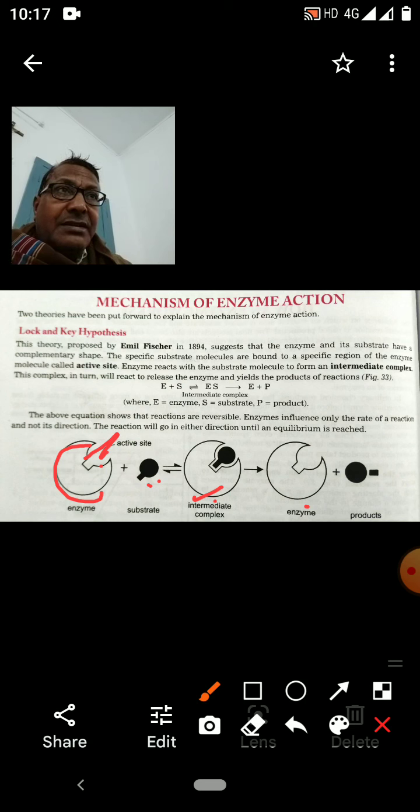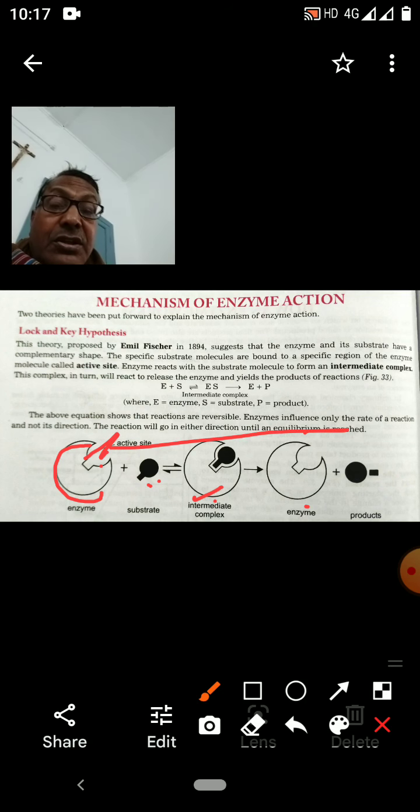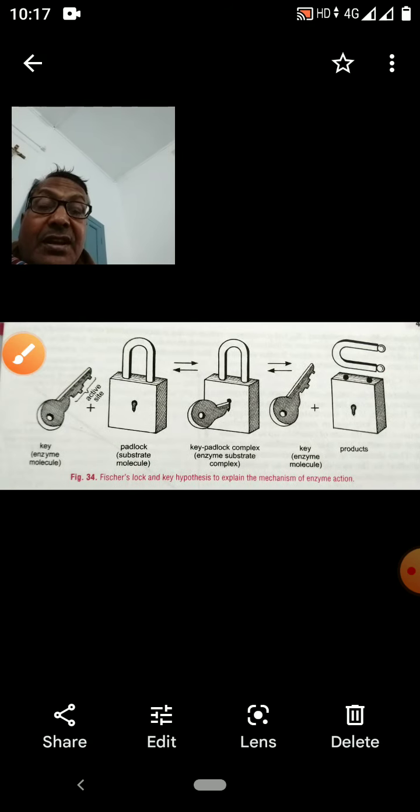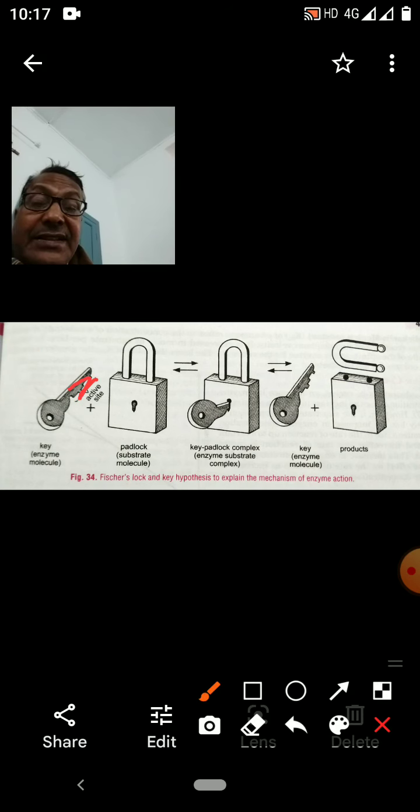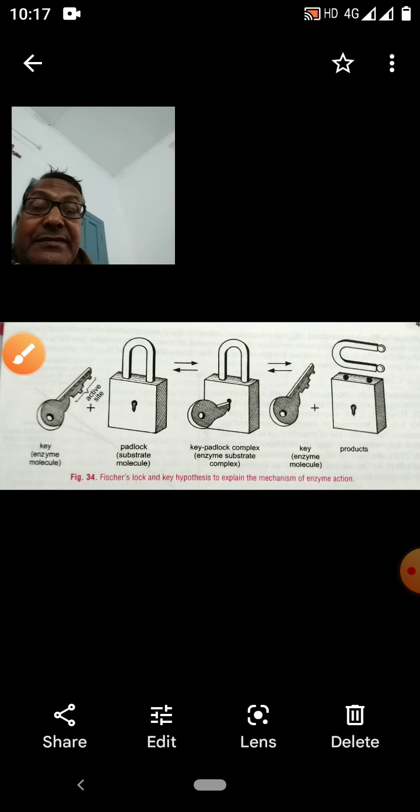Like that, a particular substrate is going to react with a particular enzyme. As a lock is opened by a key, when we see the structure of the key, we can see the notch, and the notch portion of the key is equivalent to the active site.